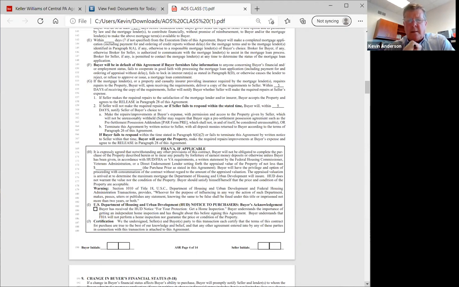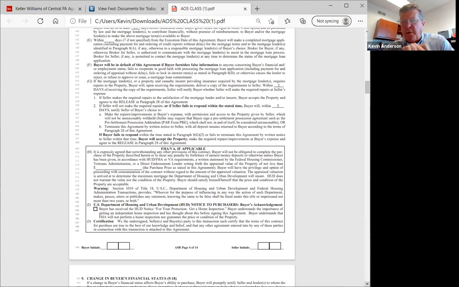And then one thing I saw in PAR's notes I thought was worth mentioning. The U.S. Department of Housing and Urban Development, HUD, notice to purchasers, buyer acknowledgement. Buyer has received the HUD notice for your protection, get a home inspection. I don't, Tammy, do we have that in our PAR forms?